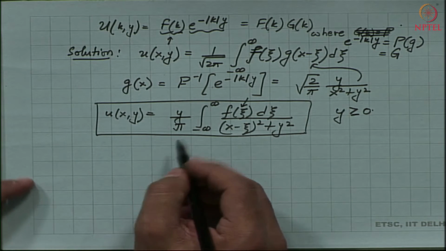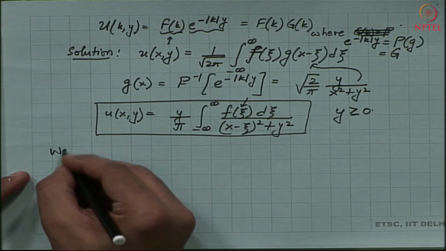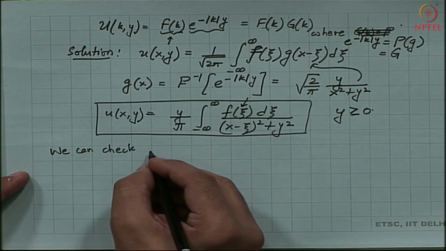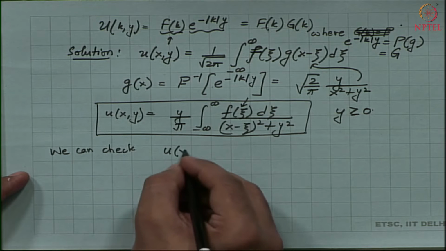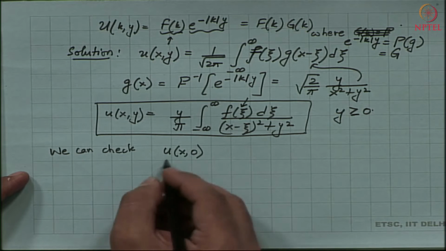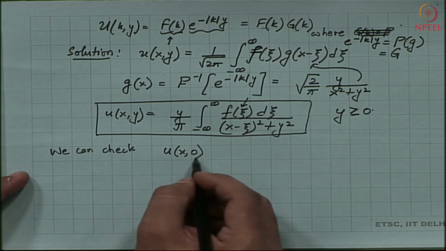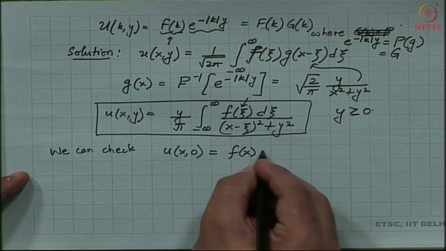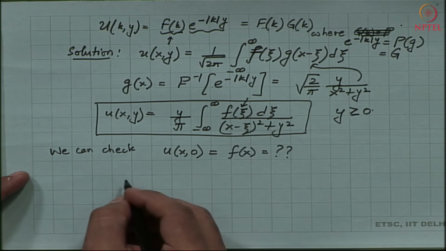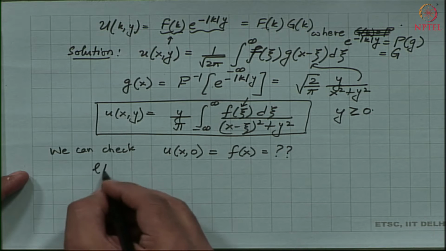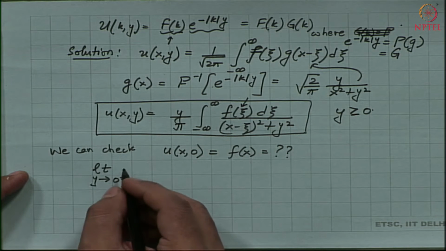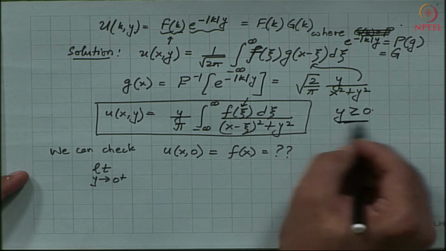Now we can check what happens to u of x comma 0, whether u of x comma 0 indeed gives us f of x or not, right. So check whether this is true or not. To do that, we take the limit y tending to 0 from the positive end, because y is non-negative.